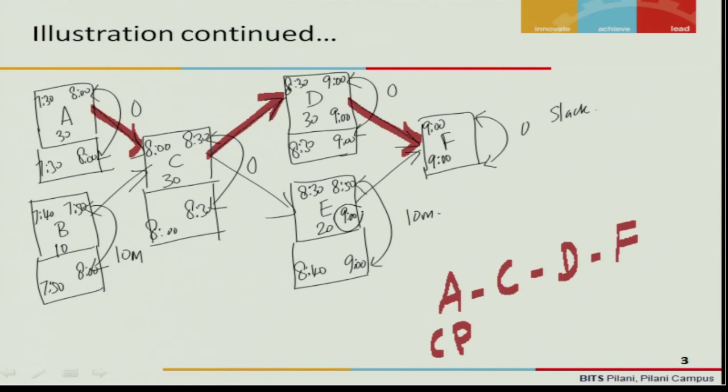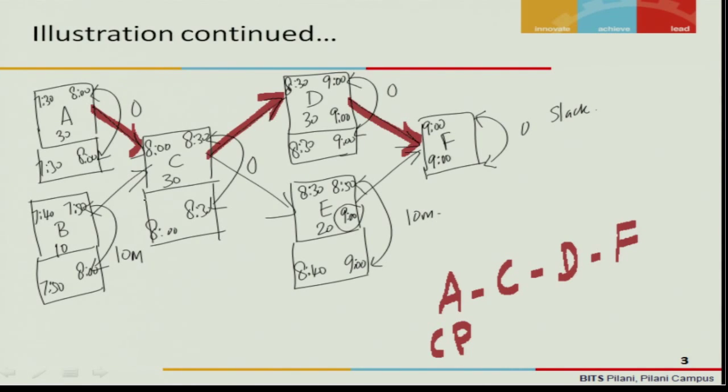Instead of 9, it will become 8:55, but still you will be able to catch up with the meeting at 9 o'clock. So even if there is a delay of say 5 minutes or up to 10 minutes, it will not affect the completion of the project, which is the commencement of the meeting here.